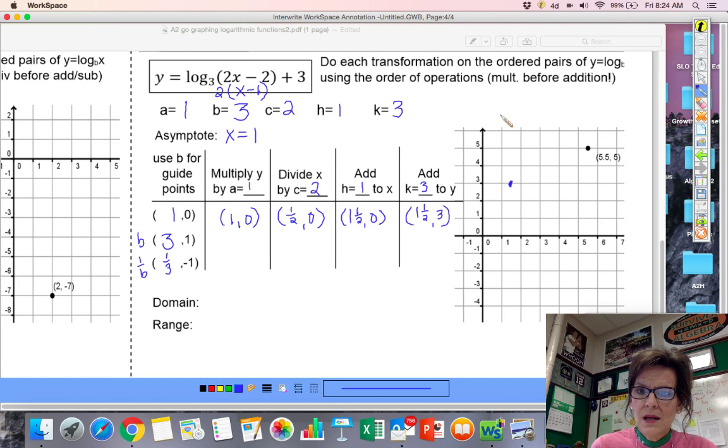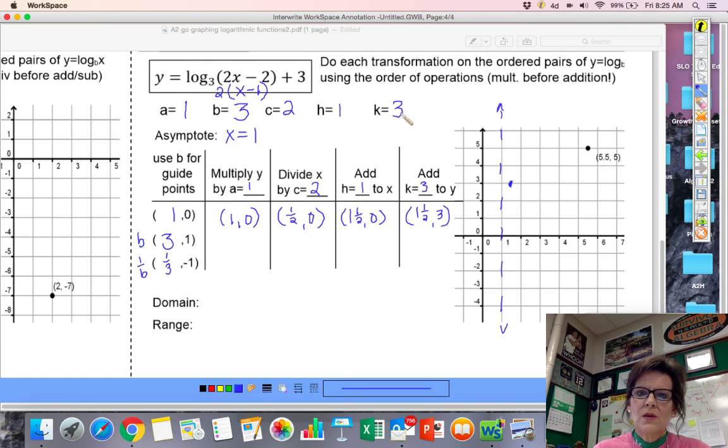So let's come in and go ahead and put our vertical asymptote right there at x equals 1. And already we see, is this behaving like we think? Well, we can visually remember what the mother function of logarithms looks like right here.